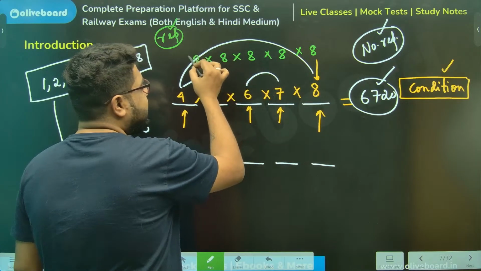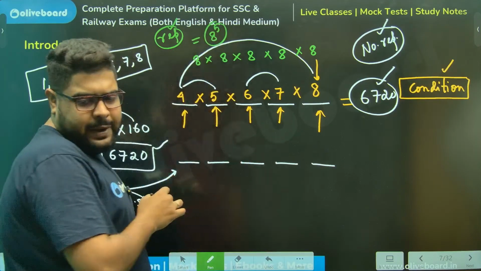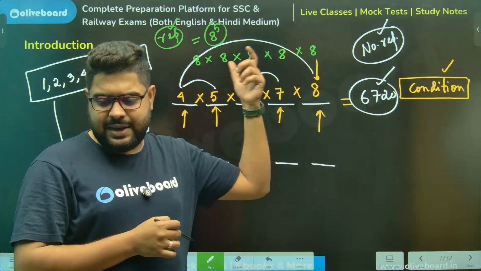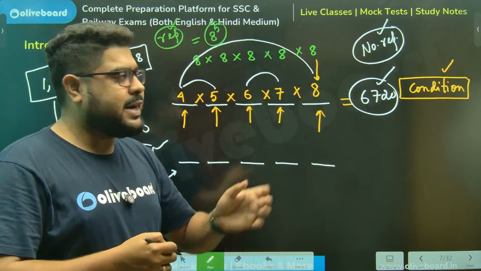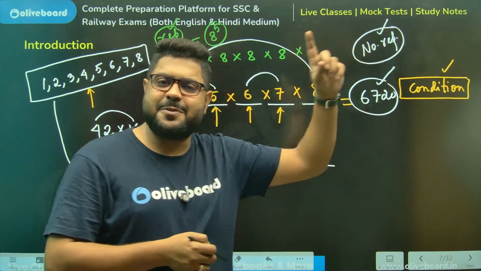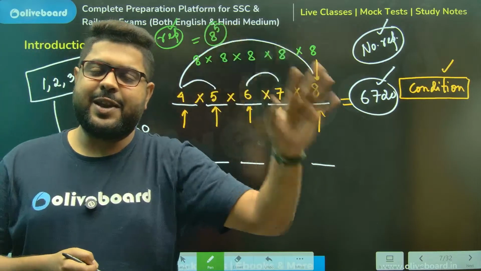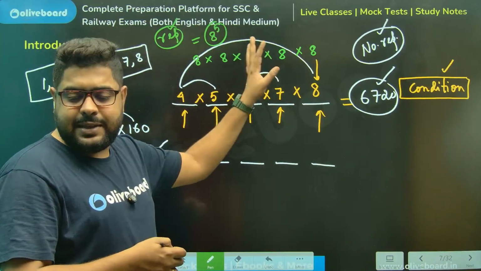Here also all 8. So this will be 8 to the power 5. So repetition allowed है तो ये बहुत easy है. So that's why 99% of the time in your question you will see they will not allow repetition, because if repetition is allowed, then it's a very simple question.